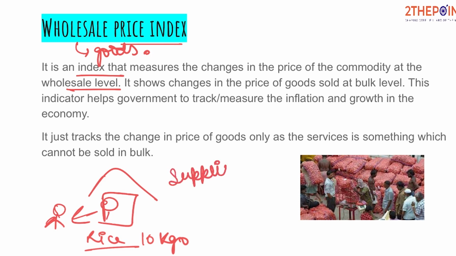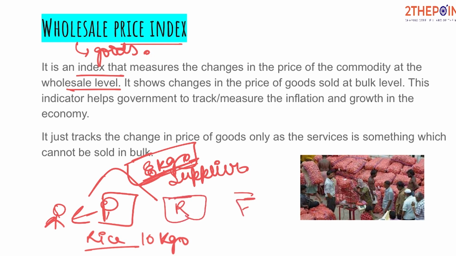Now the price at which this retail outlet has got the rice, let's suppose it is 8 rupees per kg. This price is called the wholesale price, and this wholesale price index tracks the changes in this price, the transaction which is happening between a retail shop and the factory. The transaction price is tracked by this wholesale price index.